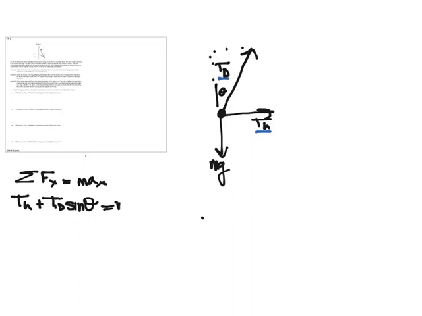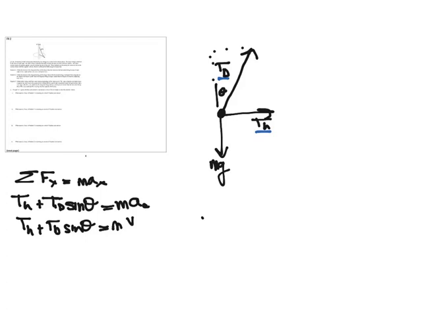And that's equal to max. In this case, my ball's going in a circle, so that's going to be ac. So I have TH plus TD sine theta equals m ac.